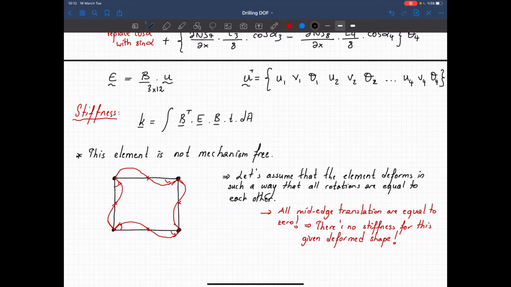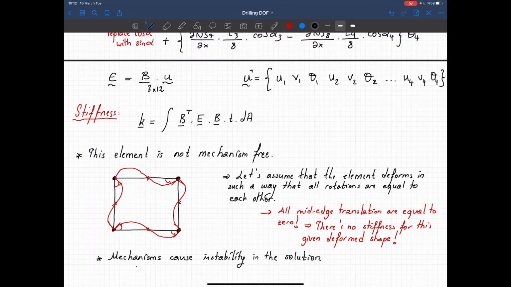And this is called the mechanism in your element. So this mechanism causes instability. Okay.